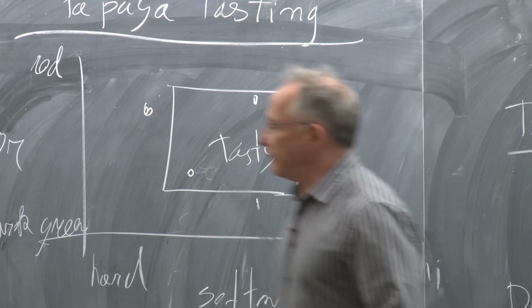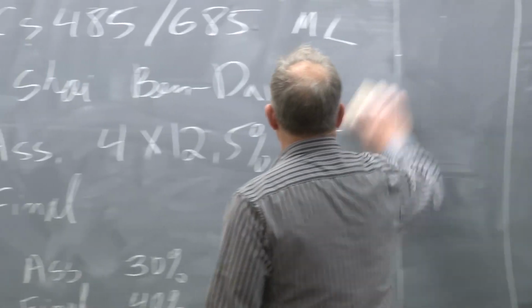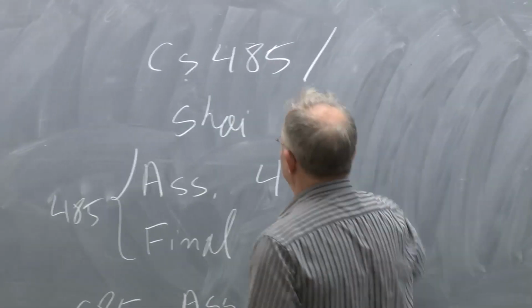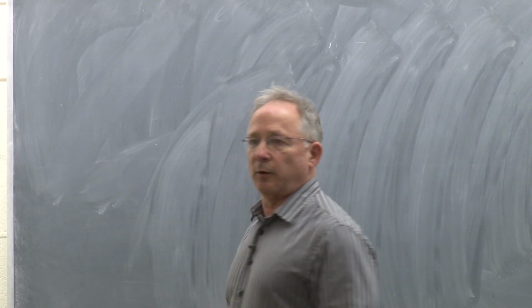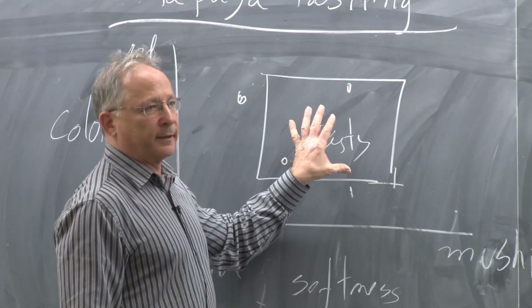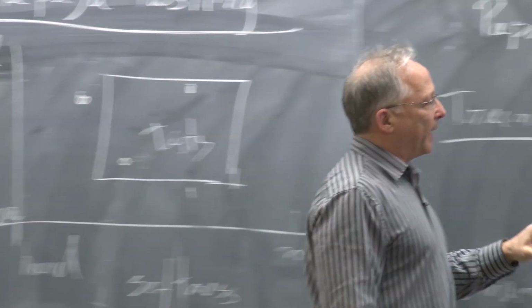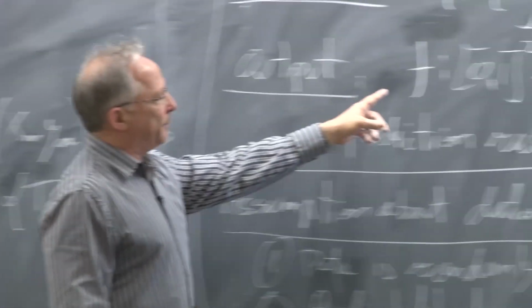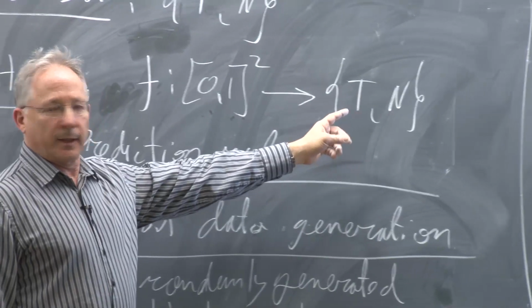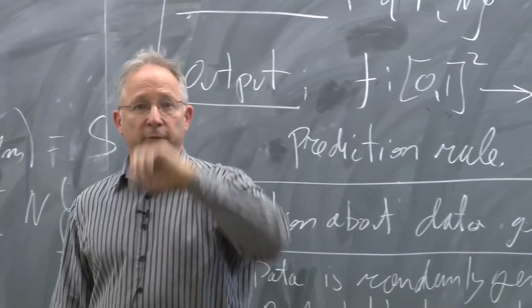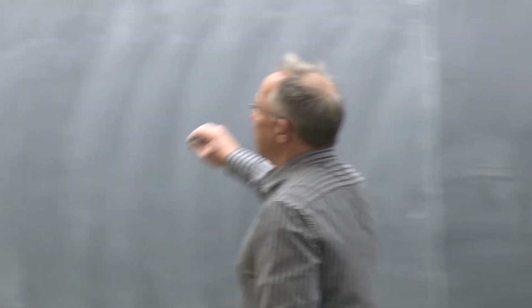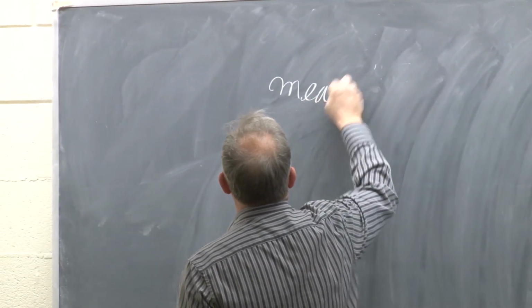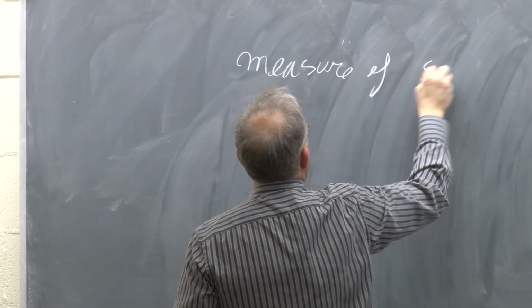So the last component that I want to introduce before we start searching for an algorithm that will be able to do it is how do I evaluate the success of such a function? You see, my data is those points which are labeled tasty or not tasty. My algorithm takes those points and outputs some prediction function. How do I measure the success of such a prediction function? So the last component I want to introduce is the measure of success.